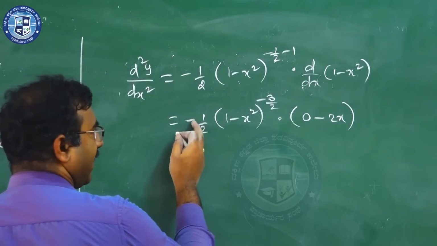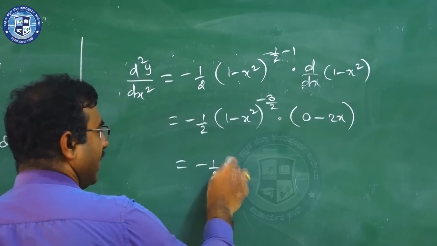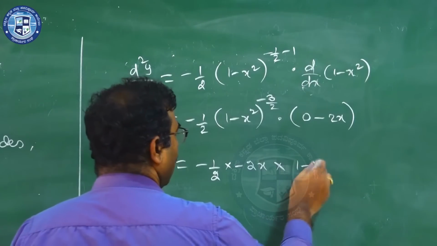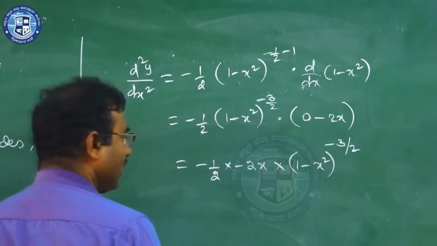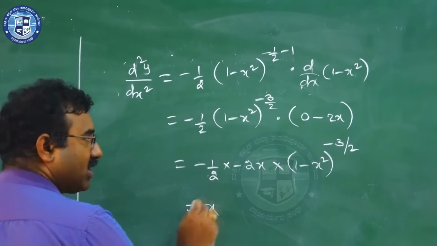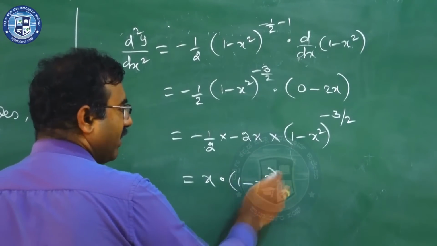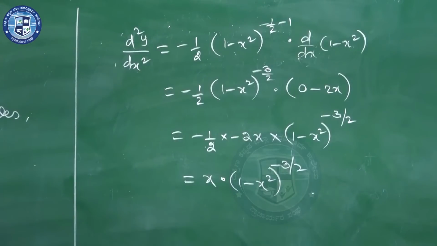So minus 1 by 2 into minus 2x into (1 minus x square) whole to the power of minus 3 by 2. Here the minus 2 cancels, only x will remain: x into (1 minus x square) whole power minus 3 by 2. This is what will remain finally.